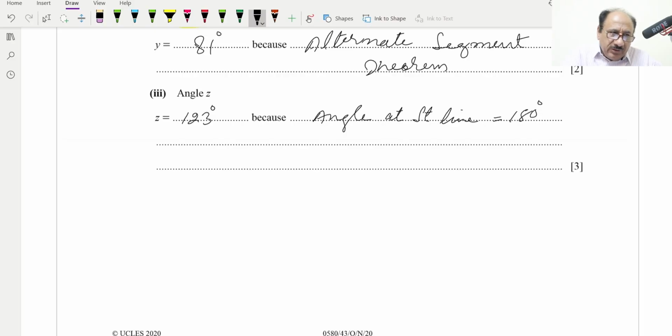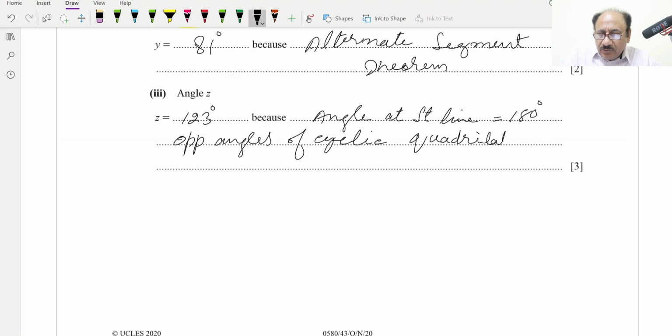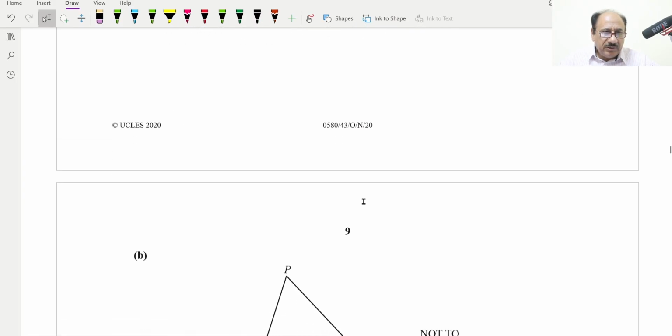The second property which we used is opposite angles of a cyclic quadrilateral are basically supplementary. So this is the 3 mark question which we are done with.